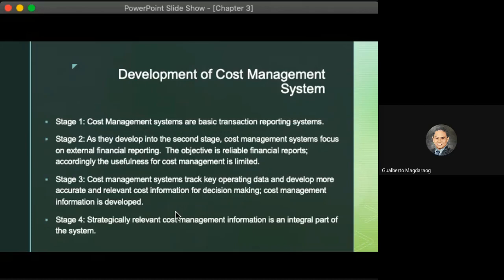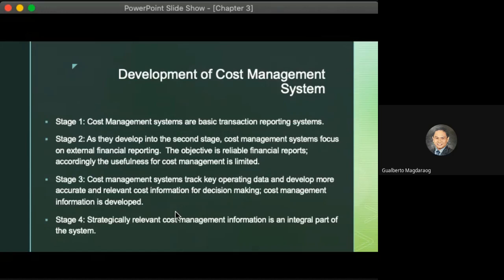Now, yung cost management system is not actually isang upuan and then applied na okay na yon. Hindi siya overnight. Hindi siya ganun nag-evolve. Maraming dinaanan yung cost management system na ito before na-establish siya as such.